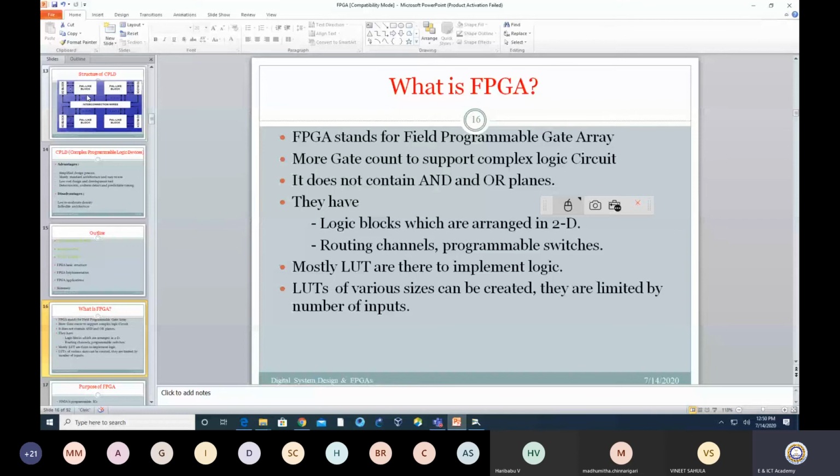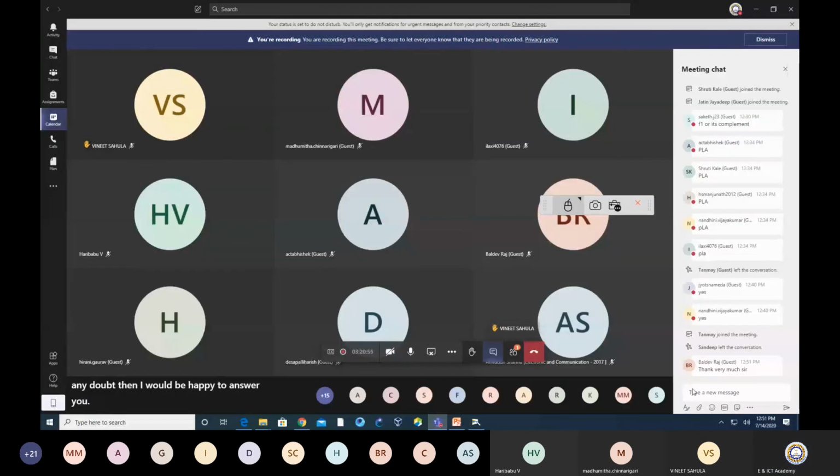We talked about the SPLD, PROM, PAL, PLA, and then we started the CPLD, and then we moved forward to FPGA. So I am stopping with this. Now, if you have any doubt, then I would be happy to answer. Okay, thank you.